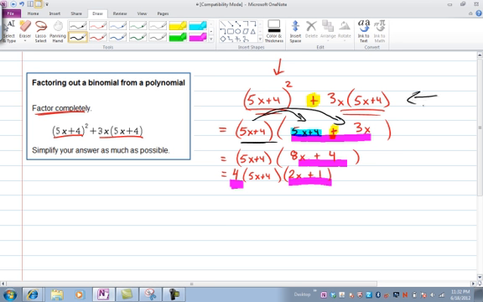So one of the key things I always talk to people about factoring is that everything you write needs to be equivalent to the line you had above, and you ought to be able to check your work going backwards. And once you get to a point where you can do that for any problem, then you really have a good grasp on what we need you to know about factoring.